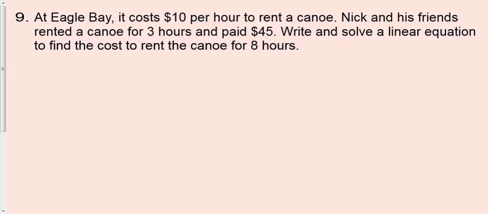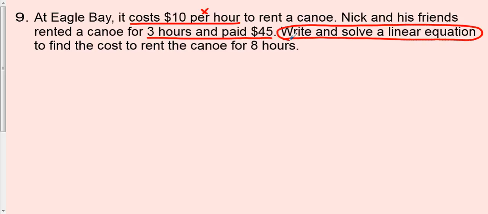It costs $10 per hour. That per is telling me that I'm going to be multiplying to rent a canoe. Nick and his friends rented a canoe for 3 hours and paid $45. That right there is cluing me in that's probably my sample point. We're going to write and solve a linear equation. That's important for 8 hours.